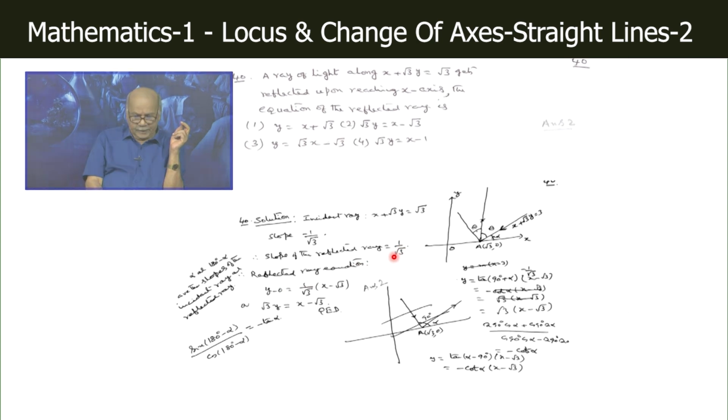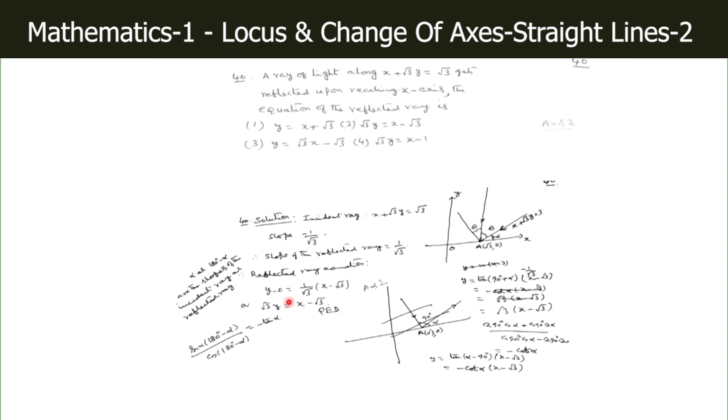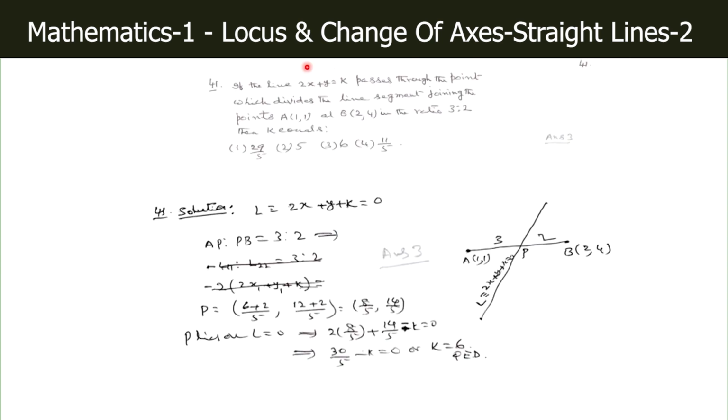So the reflected ray equation is y minus 0 is equal to 1 by root 3 into (x minus root 3), which is root 3 y is equal to x minus root 3. So therefore, the correct option is option number 2.